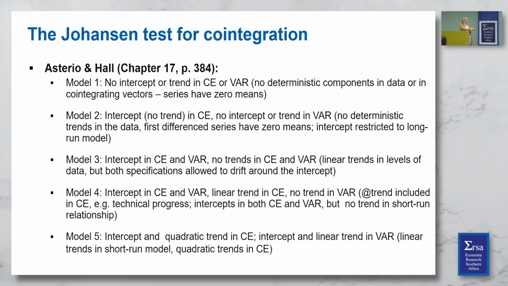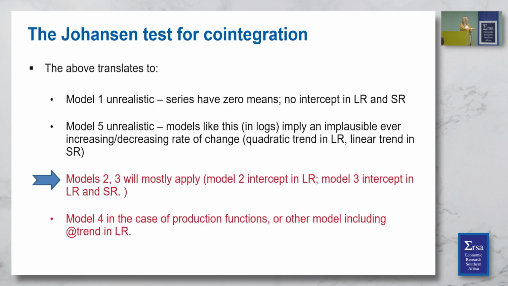I've taken this from the Asteriou and Hall chapter, the interpretation of exactly what we said now, but it's basically there in the menu. So as we said, model 1, unrealistic. Series hardly have zero means, and it's really bad econometric practice to have no constant anywhere in your model.